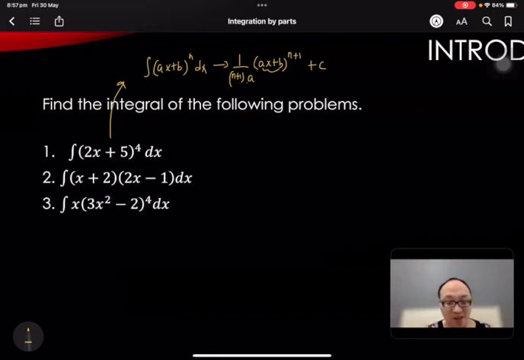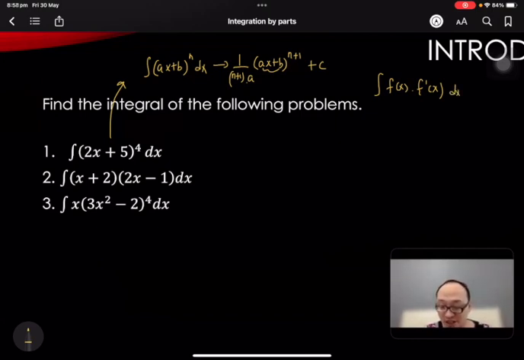The opposite of this form is a combination of the power rule and chain rule, or usually we call it the substitution method, but in a simple way. If you remember, the substitution method applies when it follows the integral of f(x) times f prime x, where f prime is the first derivative of f(x), dx.